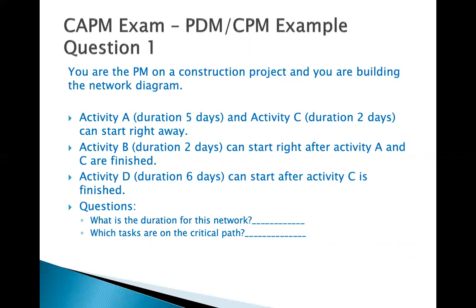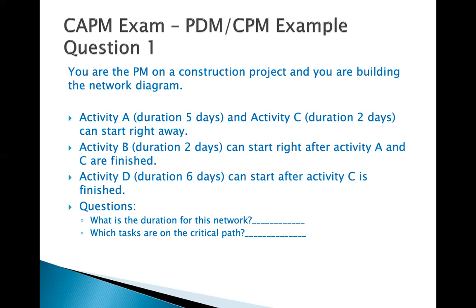For example, in this case, we have 4 activities: activity A, activity B, activity C, and activity D. Activity A and activity C can start right away. You don't need to think too deep; it's a very straightforward and simple concept.